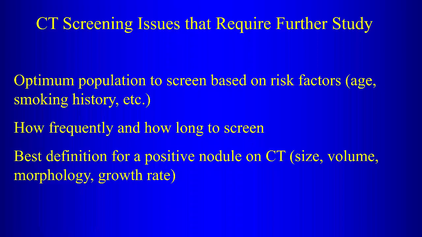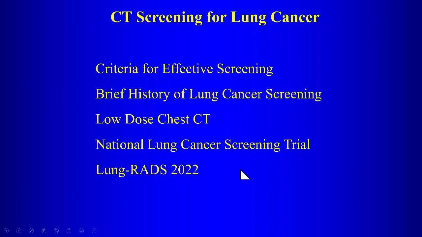Should that be lengthened? How many years do patients need to be screened? And what's the best definition for a positive nodule on CT? We've talked about how, compared to the lung cancer screening trial, we increased that from 4 millimeters to 6 millimeters. Should that number get higher, which would further decrease the false positive rate? So these are all issues that still need to be worked out.